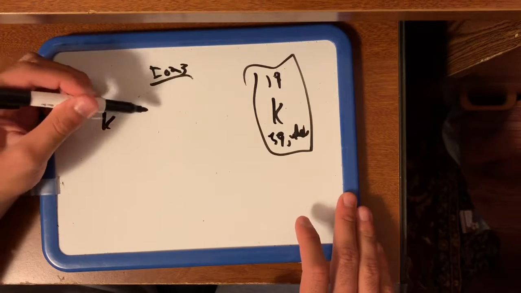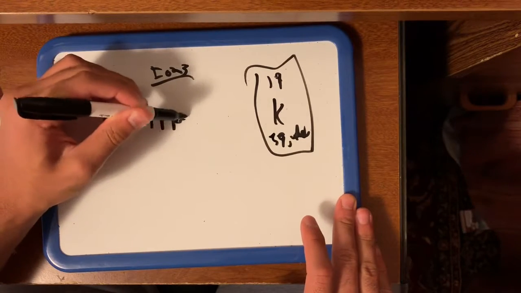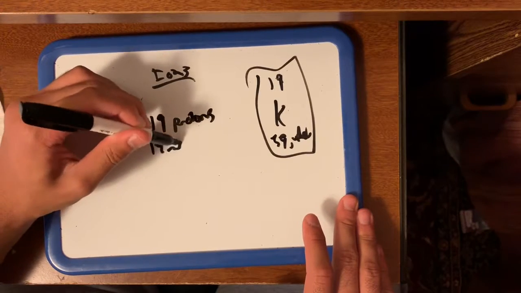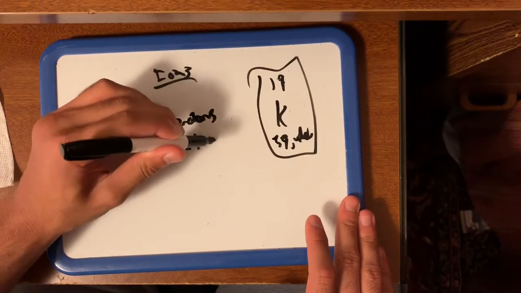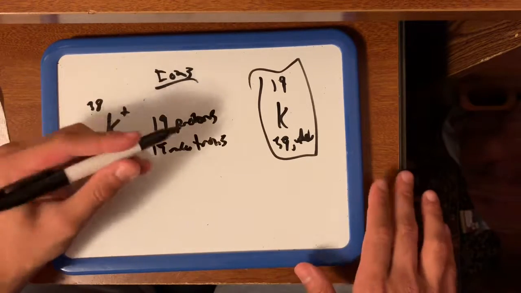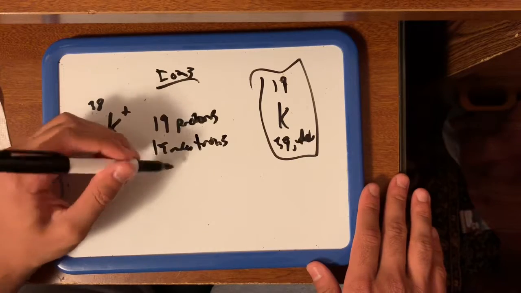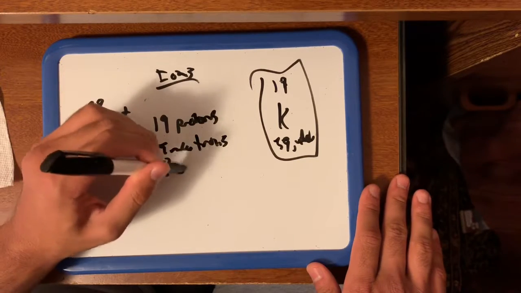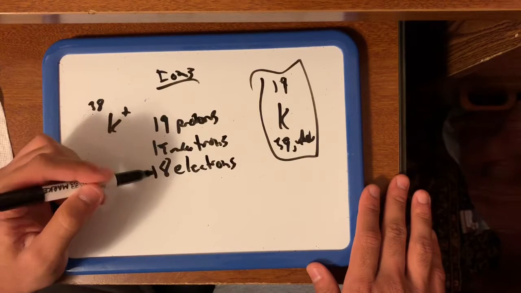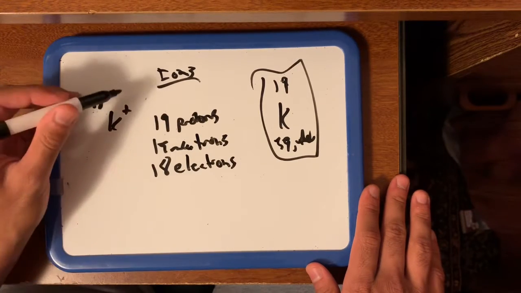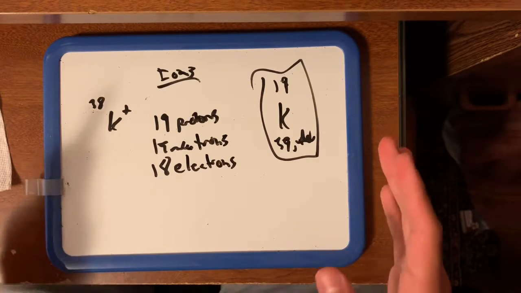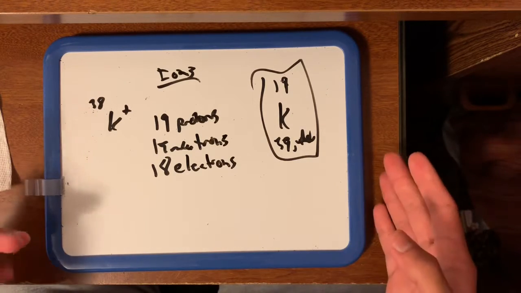So we know it has 19 protons since it's potassium. It has 19 neutrons since its atomic mass is 38. 19 plus 19 equals 38. However, since it has a plus, it has 18 electrons. This is because there's one more proton than there are electrons, giving it a +1 charge. So electrons give you a negative charge and protons give you a positive charge.